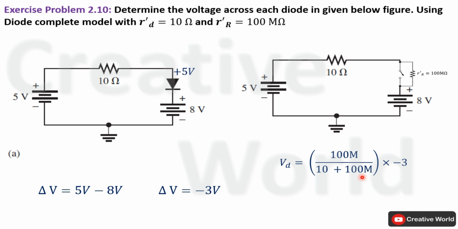Now solve this equation. Voltage across this resistance will be equal to minus 2.99 volt, and actually this voltage will be appearing across the diode as well because of parallel connection. So in this diode complete model, we will be having minus 2.99 volt across it.